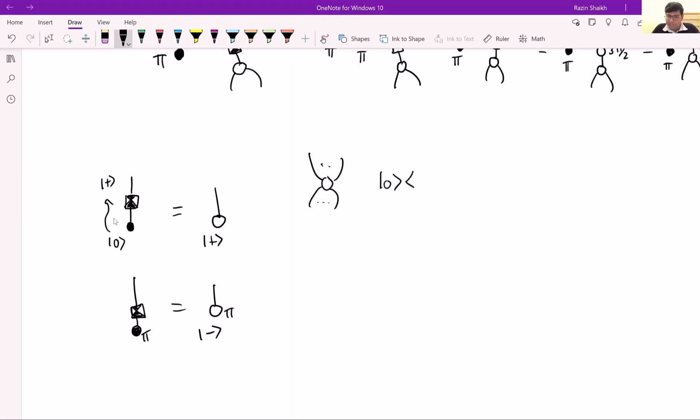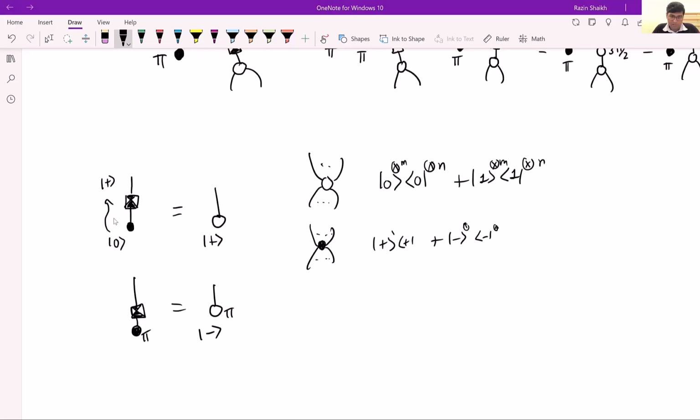So the white one matches the zeros and ones like this, and the black one, as you said, would match the pluses and minuses. It would be plus and minus.